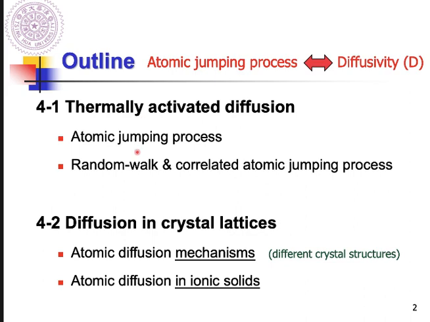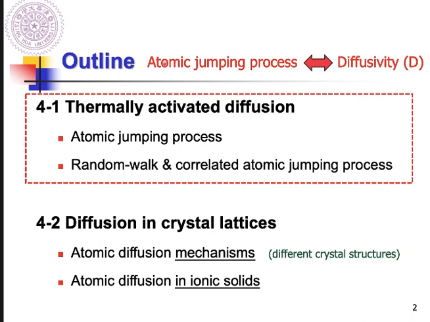Okay, so let's move to the first part, the thermally activated diffusion. The atoms only receive thermal energy, so you can think about that. Due to the temperature, atoms have a certain energy, and as long as this energy can overcome some energy barrier, this will allow these atoms to jump from location 1 to location 2, right?